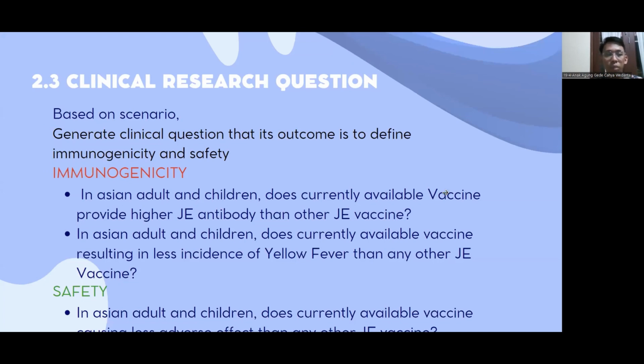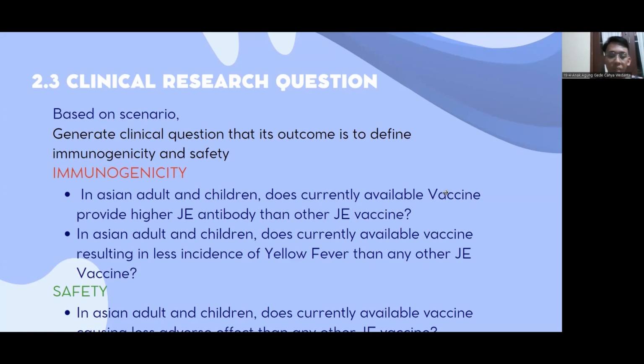Now we are going to develop clinical research questions based on PICO. We want to ask about the immunogenicity. This time I will develop clinical research questions about the currently available vaccines. Does it provide higher JE antibody than any other JE vaccine? And the second one is, do the currently available vaccines result in less incidence of Japanese encephalitis than any other JE vaccines?